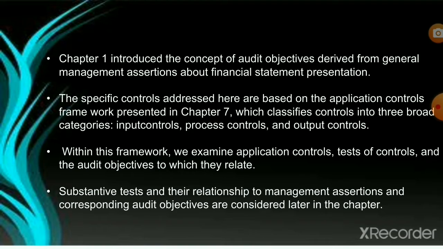And within this framework, we examine application controls, the subcontrols, and the audit objectives to which they relate, and substantive tests and their relationship to management assertions and corresponding audit objectives are considered later in the chapter.